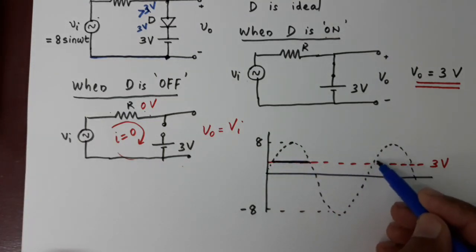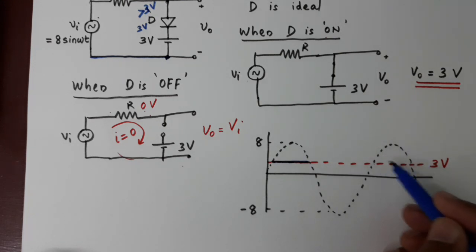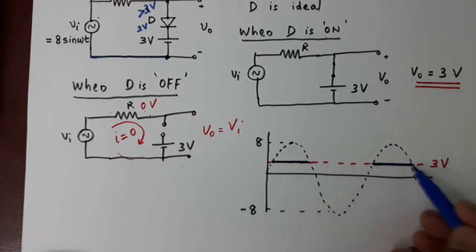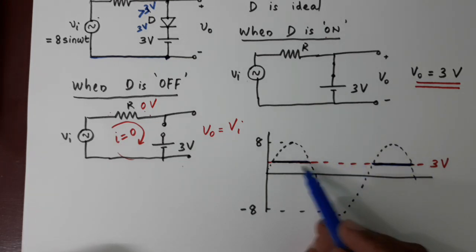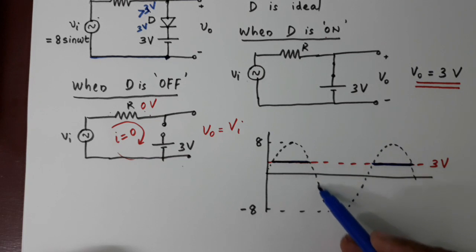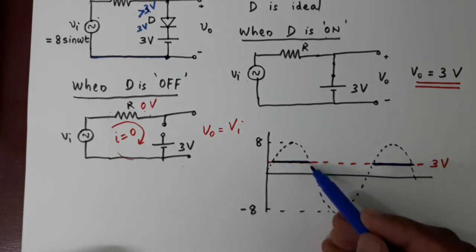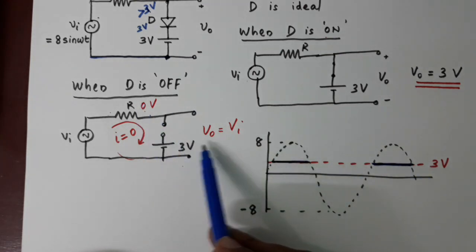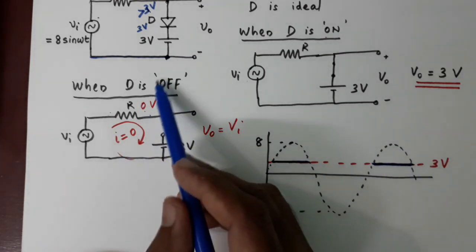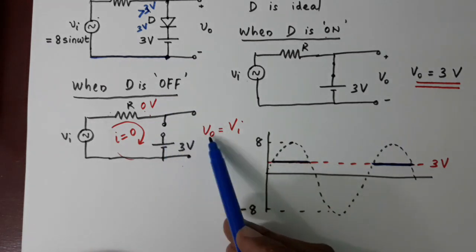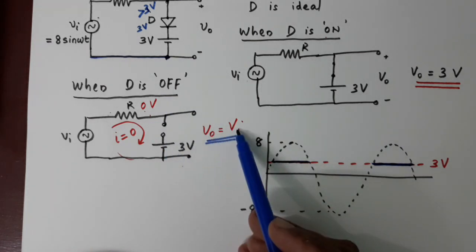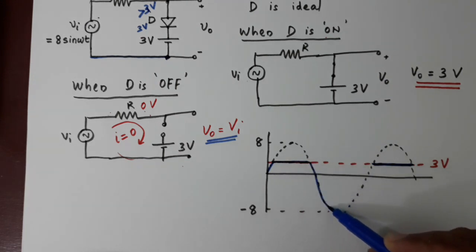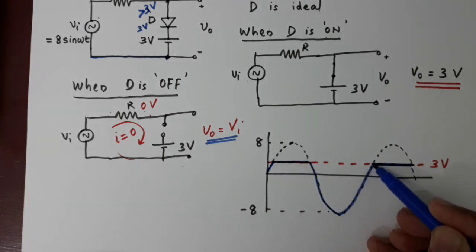Here also the input voltage exceeds this 3 volt level, so the output will be fixed, or clipped, at 3 volt. Below this dotted line, the input is always less than 3 volt. When the input is less than 3 volt, the diode will be off, and when the diode is off, the output will be equal to the input, so it will follow the input waveform exactly.